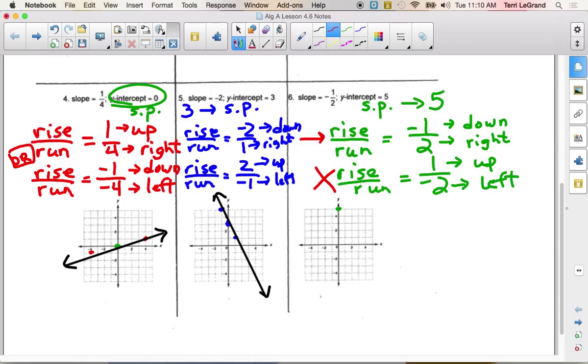We're gonna go down 1 and 2 to the right. But we're not gonna go back to the starting point again. We're just gonna keep going. Down 1 and 2 to the right. So you can keep going in the same direction for the other points also. Okay, so we still have our 3 points.